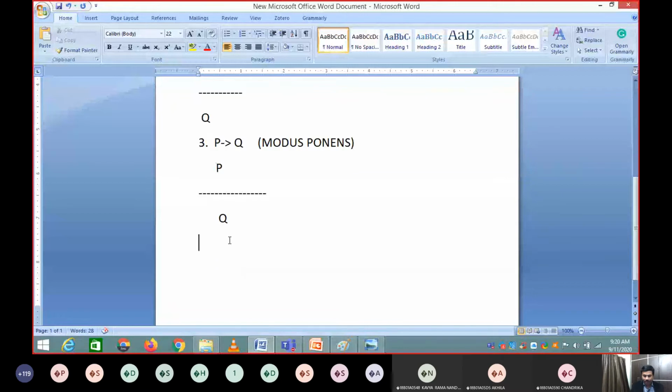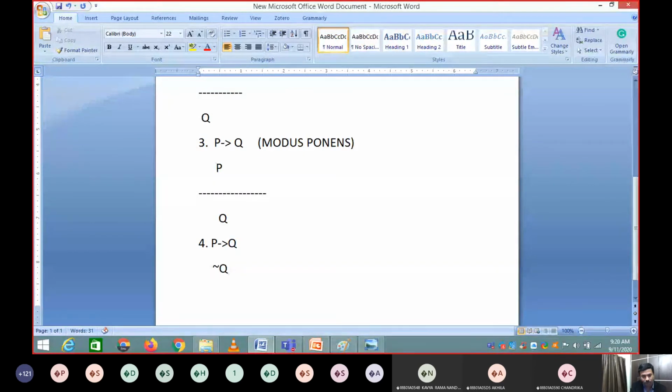Now can somebody tell me what will happen if you have P implies Q, and you take negation of Q?